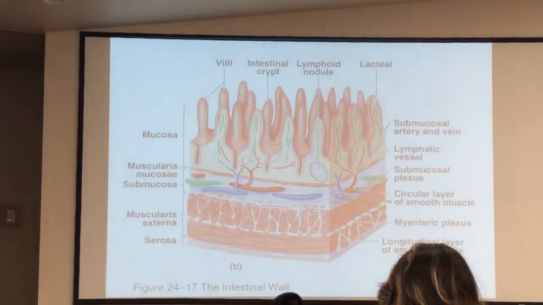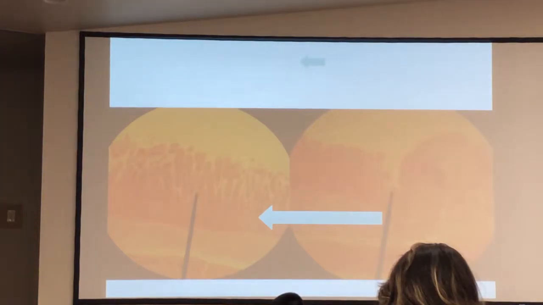Now, from the stomach to the duodenum, what's the change? Stomach, they don't have villi, so the surface is really kind of flat. And here's the junction, and we're starting to have villi. And in the middle of the duodenum, we have a lot of villi.